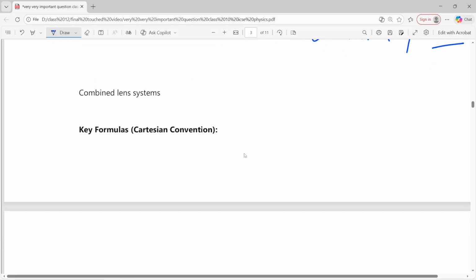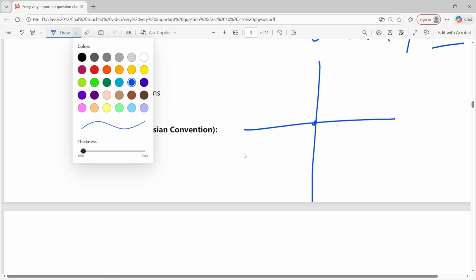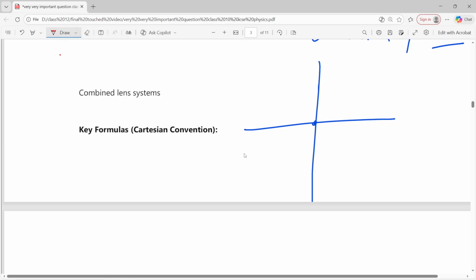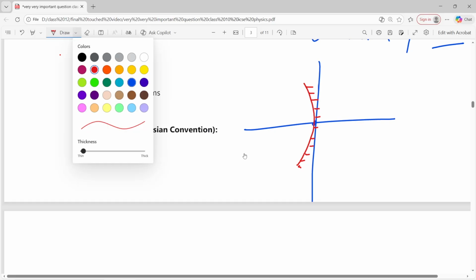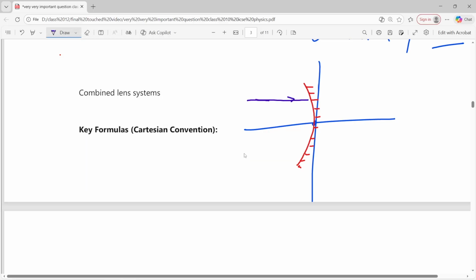If there is an origin and we place a lens here, suppose this is a concave lens, and there is an incident ray and an object. The object is always in front of the lens.